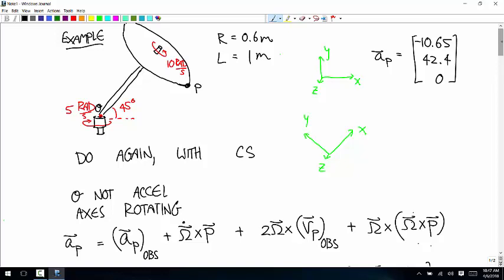And when I did the astronaut thing, the example that I introduced this with, I sort of glossed over that, but for the sensors in the chair, in order to compare the force sensors in the chair to the acceleration of the person, we had used the rotating coordinate system approach to calculate the acceleration of the person.